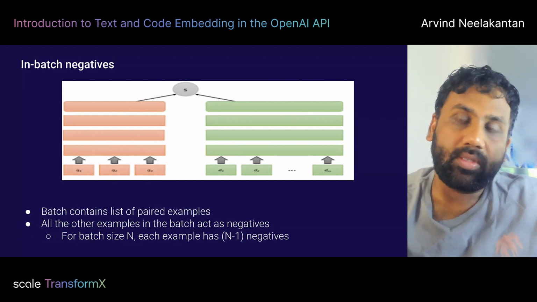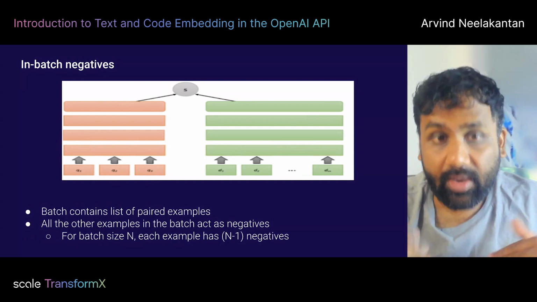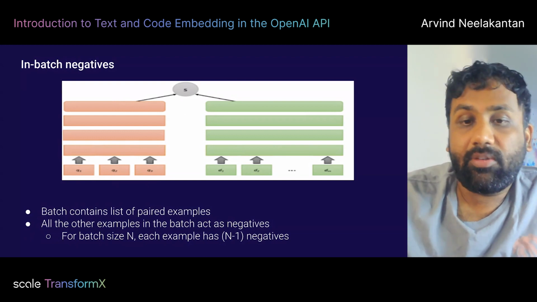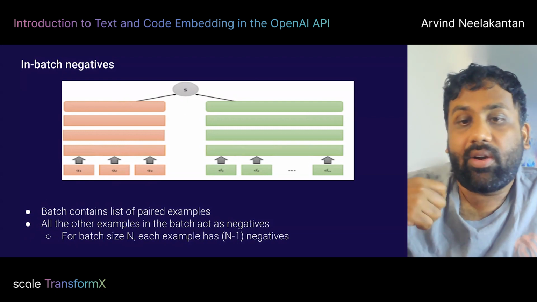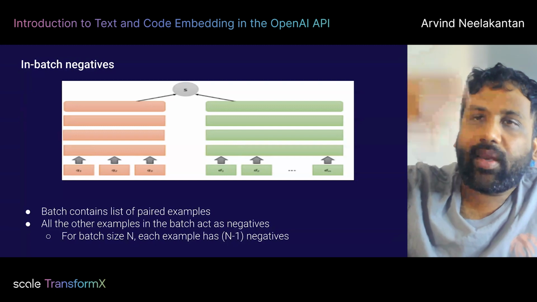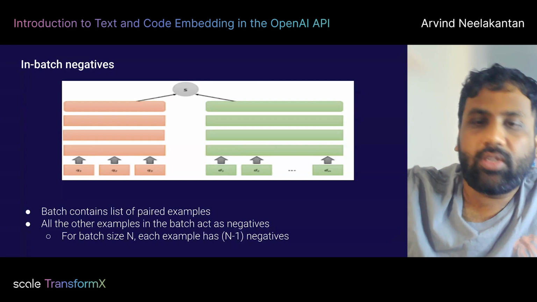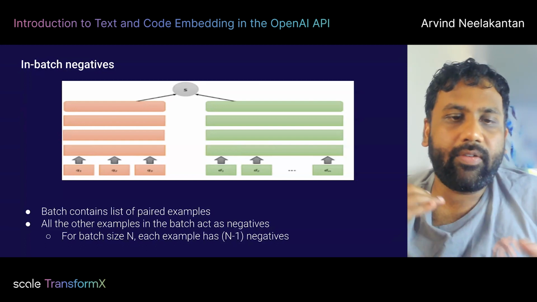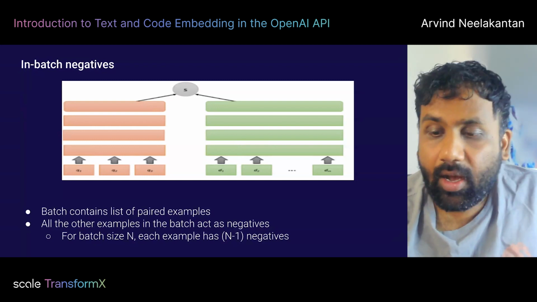For the positive examples in the other batch, you anyway need to do a forward pass and a backward pass on that, so we're going to reuse those examples in the batch as negatives. So for every positive example, there are n minus 1 negatives, where n is the batch size. So you're doing n squared classification decisions of this is positive, this is negative. And that's it. You have a model, you have paired data, and this is your loss function, and you can now train it.